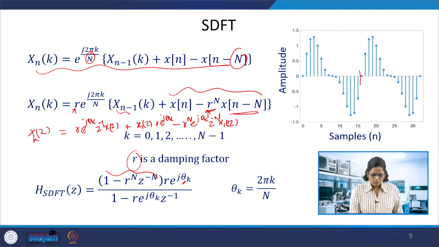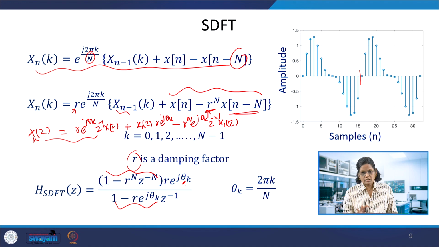Okay, so adding these two would result in here, bringing this side and making the transforms Y by X, the transfer function results in z minus 1, you can see this term, and this term would give you 1 minus r power n z power minus n into e power j theta k. So taking the z transform of it, we'd get H SDFT.